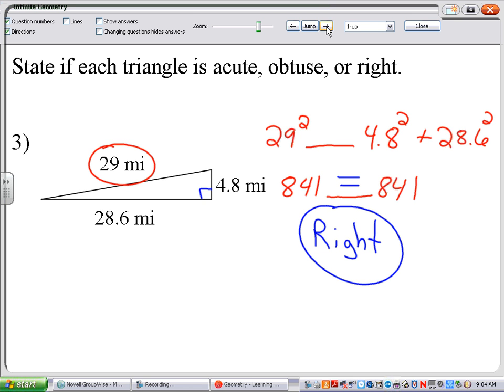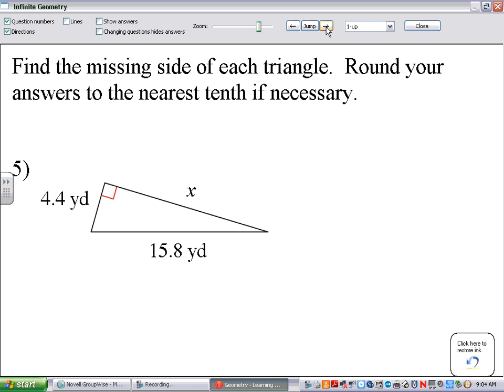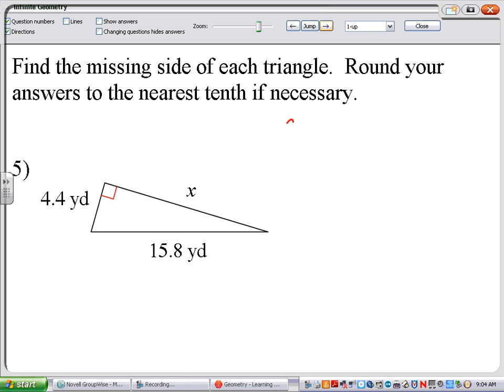Moving up. Again, just the odd number problems is all we have to do. Let's jump to number 5. Different directions: Find the missing side length of each triangle. Round your answer to the nearest tenth if necessary. This is the Pythagorean theorem, which is a squared plus b squared equals c squared. You have to get the c correct.